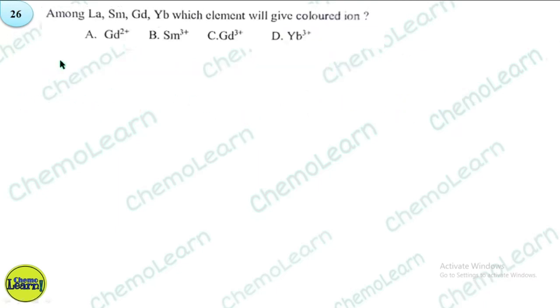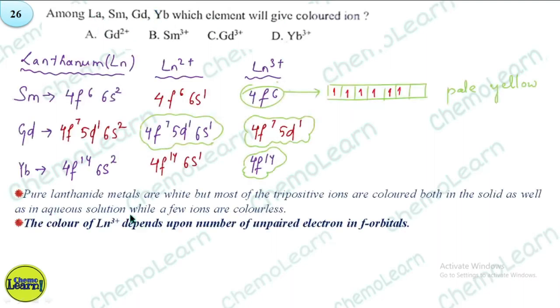Question number 26. Among La, Sm, Gd, Yb, which element will give a colored ion? All these elements are from the lanthanoid series, and the color of lanthanoids depends upon the number of unpaired electrons in the f orbital. So, we have to find out the number of unpaired electrons in the f orbital.